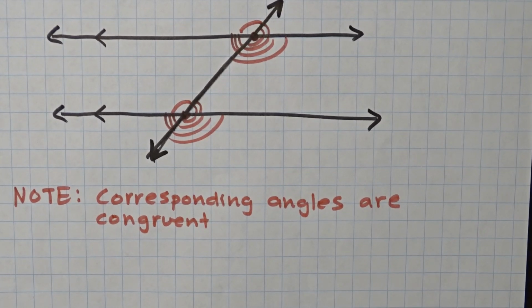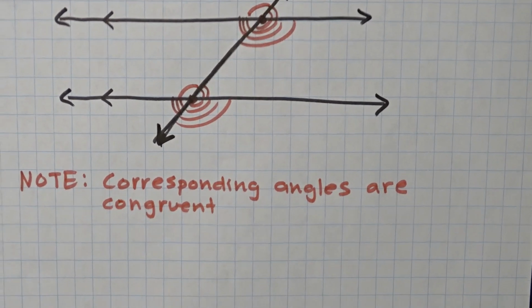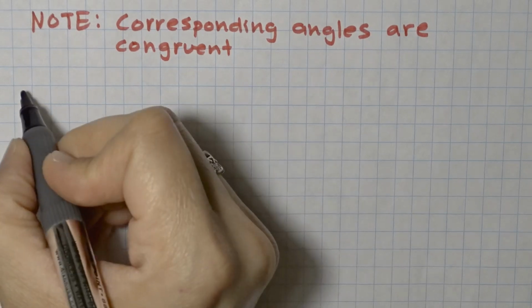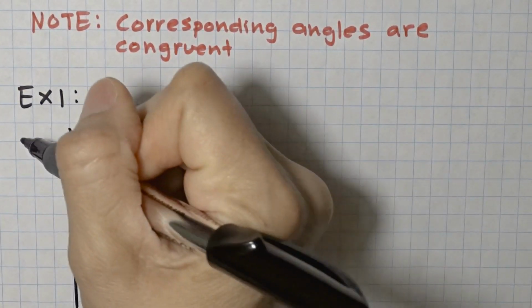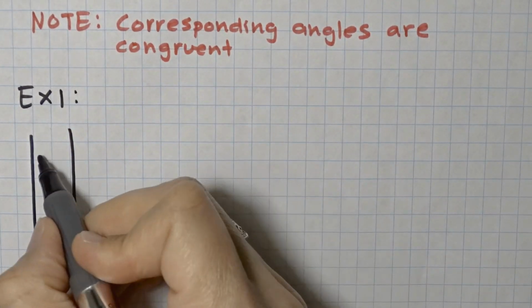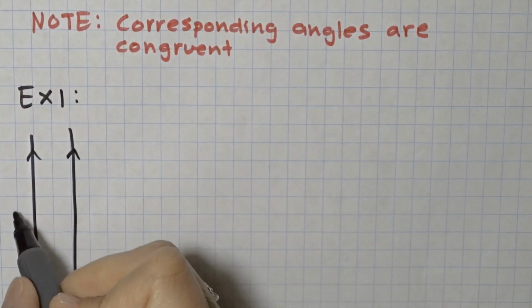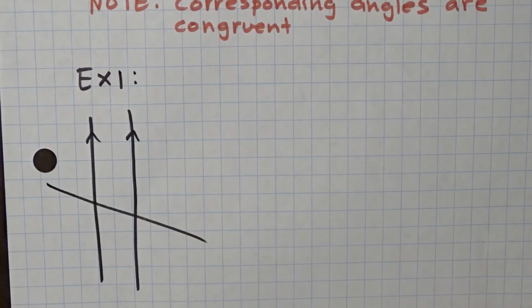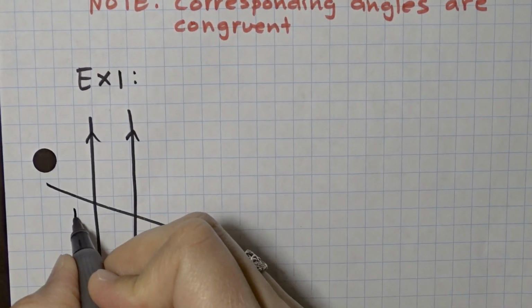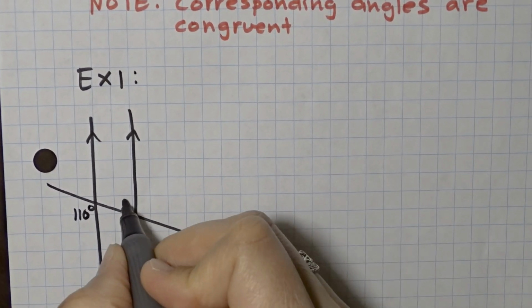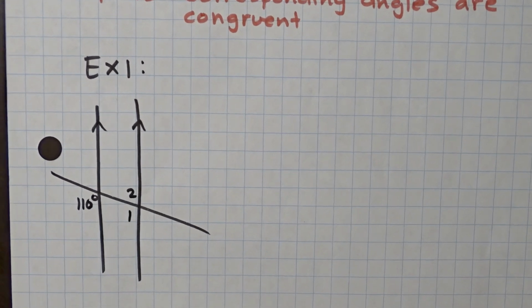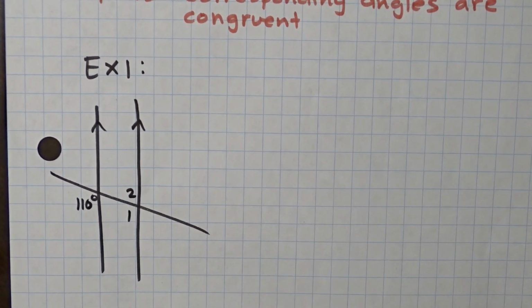All right, so let's look at one example on how we use these corresponding angles. Say I have these two vertical parallel lines, and they're being cut by this transversal, and I'm told that this is 110 degrees, and this is angle 2, and this is angle 1. Now, not to be confused with 2 and 1 with degrees. If it doesn't have the little degree symbol, it's just telling you the label of the angle.